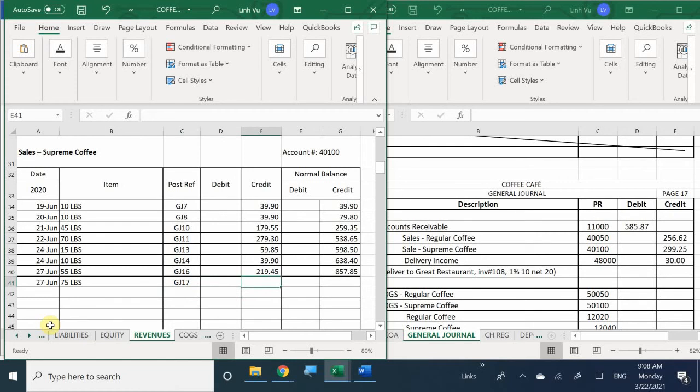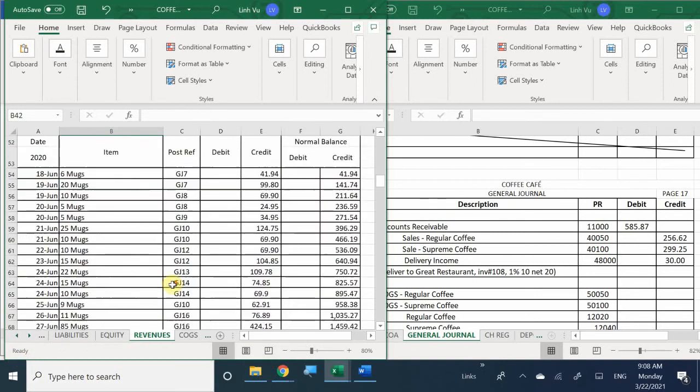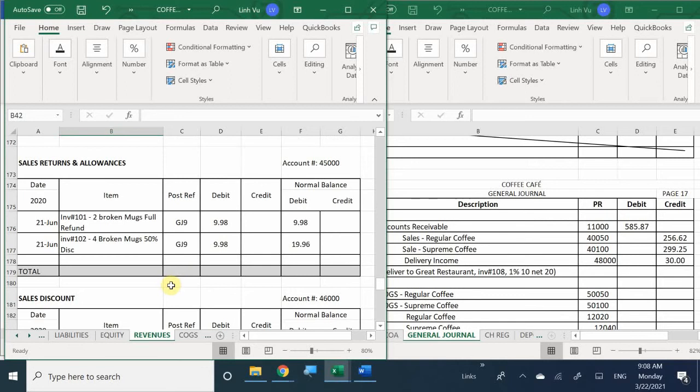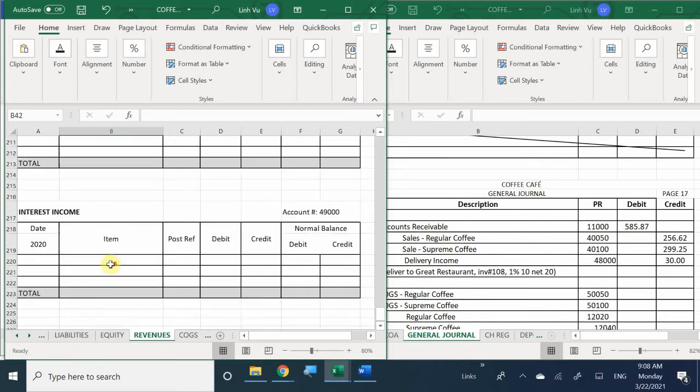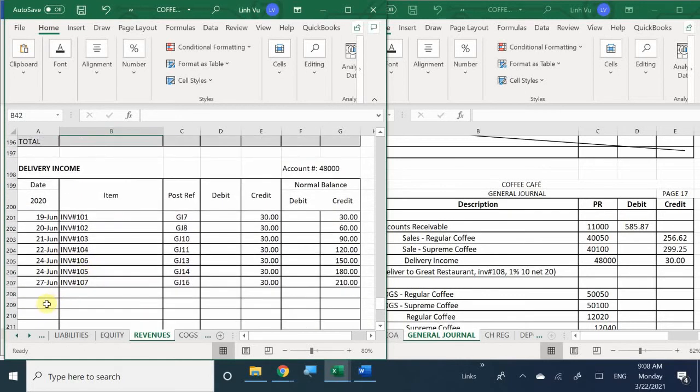$299.25. Yes. 1157.10. Good. Then we got to do our delivery income. Update our delivery income. Yes.